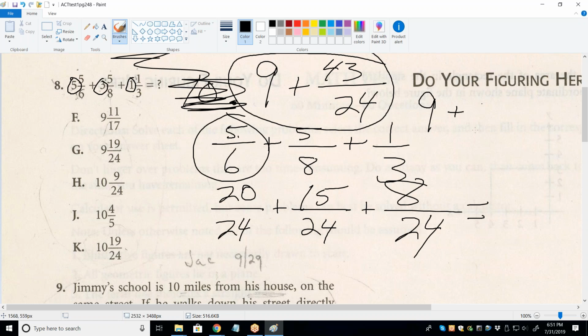So it's 1 and how many 24ths? Subtract 43 minus 24. I want you to do it on your calculator. Come up with it. 43 minus 24.